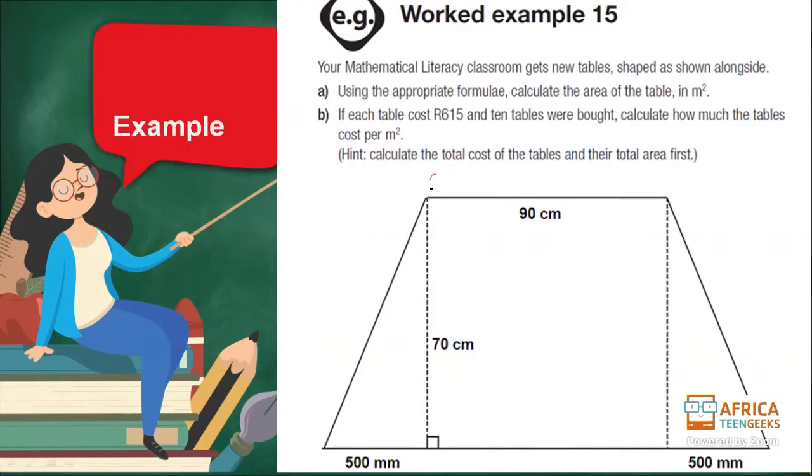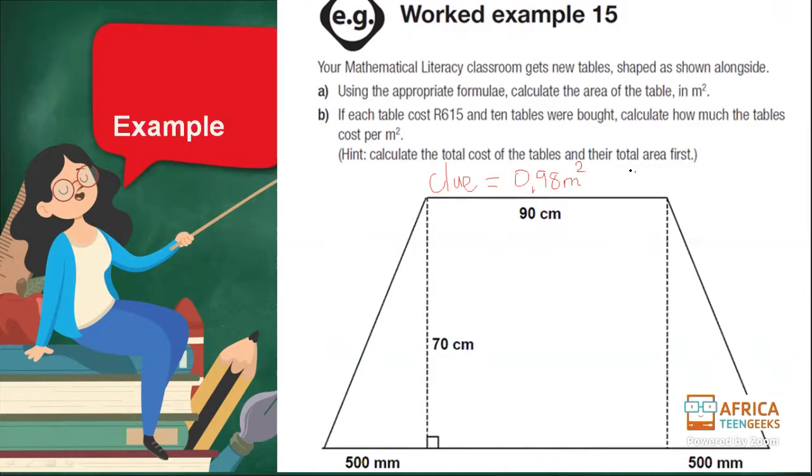Here the clue is the area of 1 is 0.98 meters squared. Right.